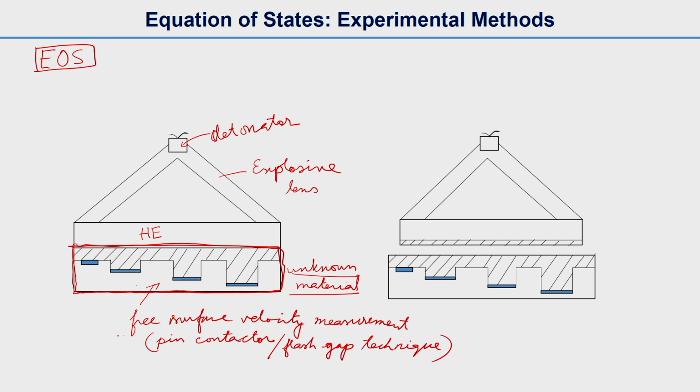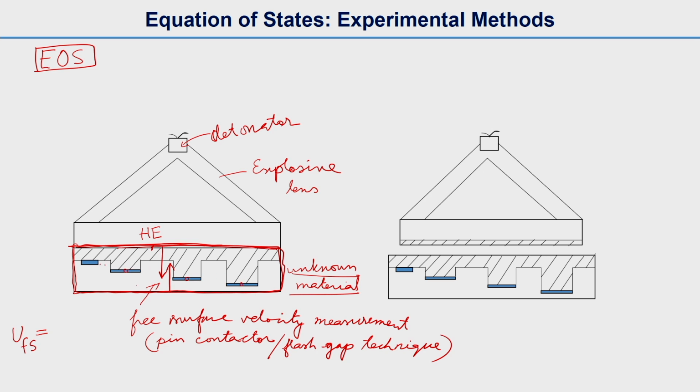Basically, with the free surface velocity measurement, suppose the shock wave generated from the top side of this unknown material comes this way and then reflects back from this free surface. This is taken from the diagram in Marc Meyers' book.